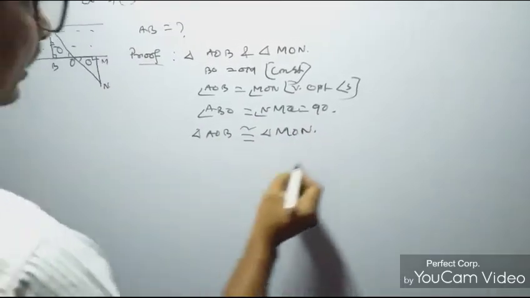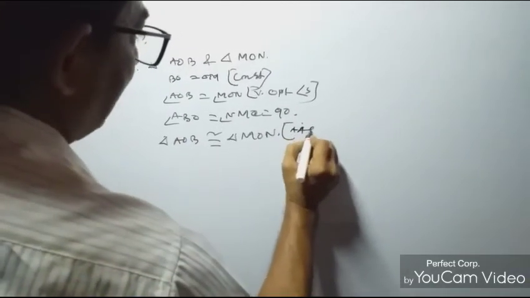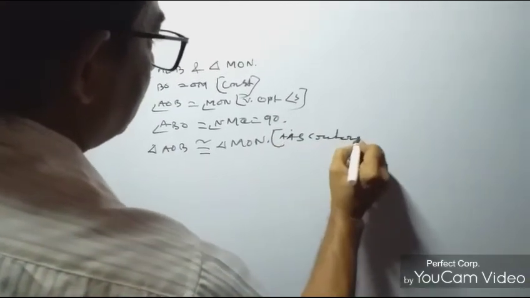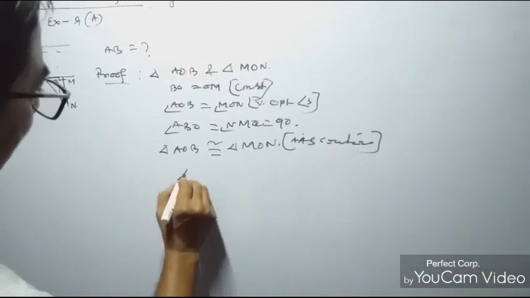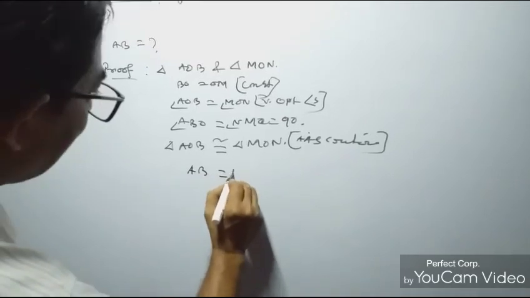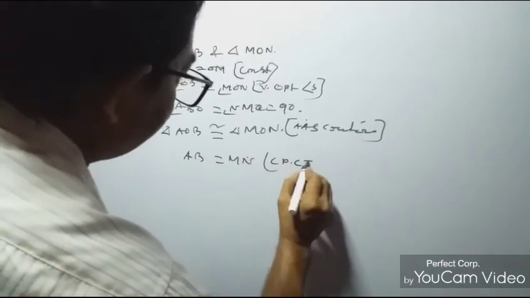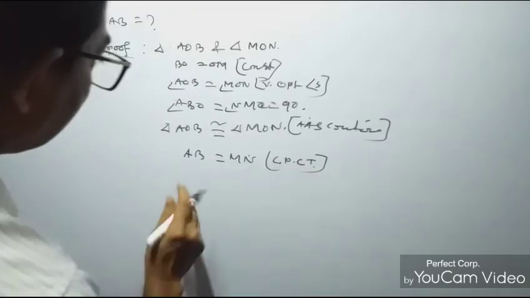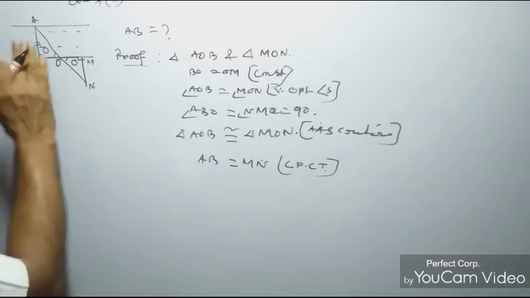If it is congruent, what is the criterion? This is the AAS criterion. So we can take from here that AB equal to MN. This is CPCT. If AB equal to MN, see here MN is on this side of the bank.